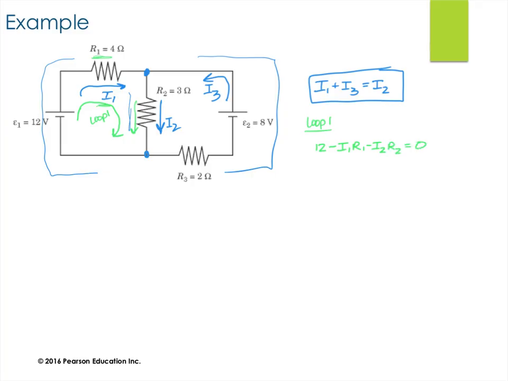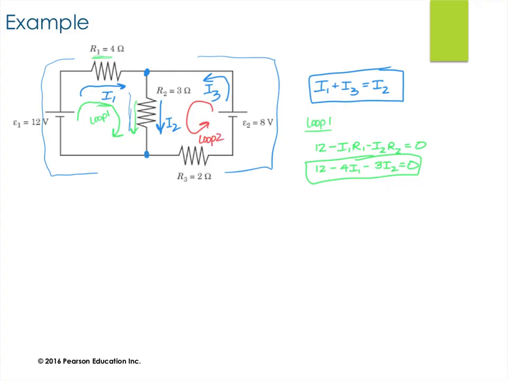I'm just going to put in the values for the resistance. So that is my second equation that I can use. Now I'm going to do a loop on the other side. I'm going to go around like this and call it loop 2.